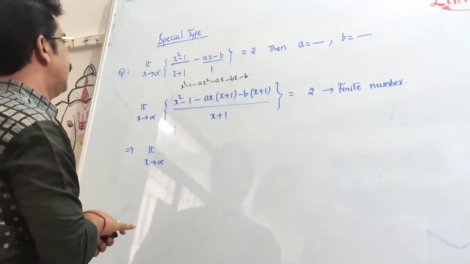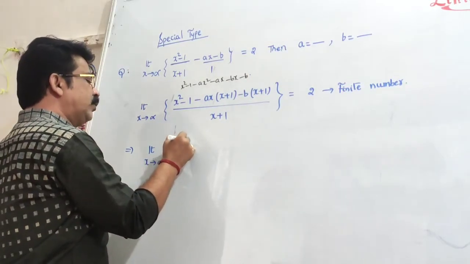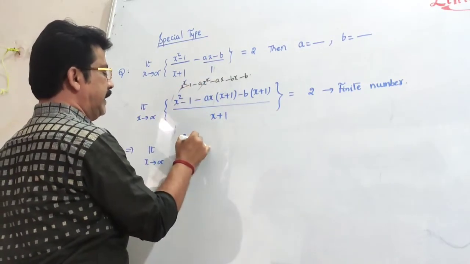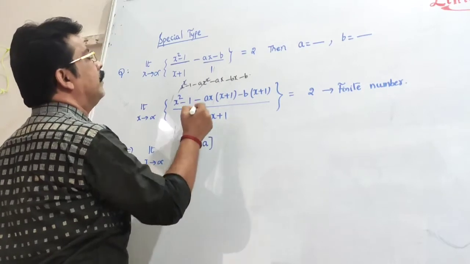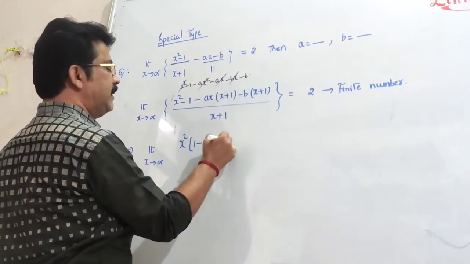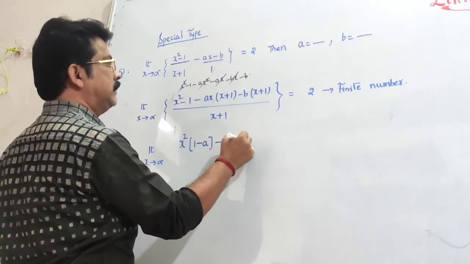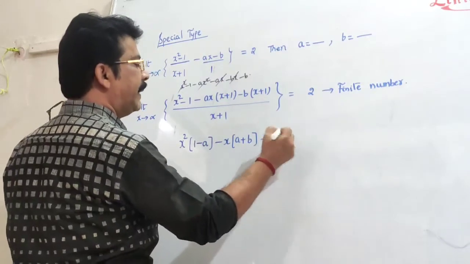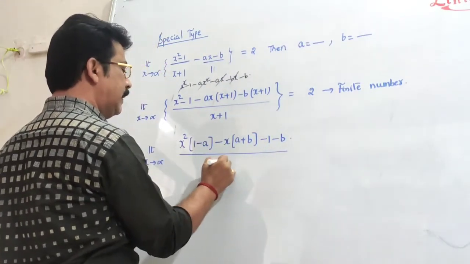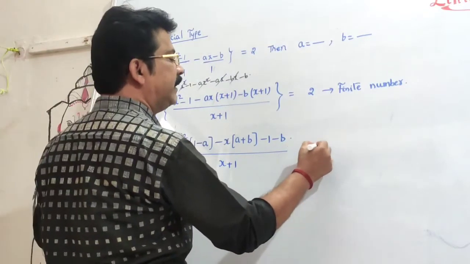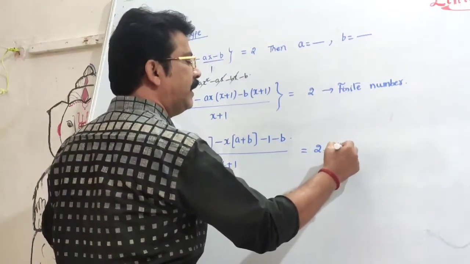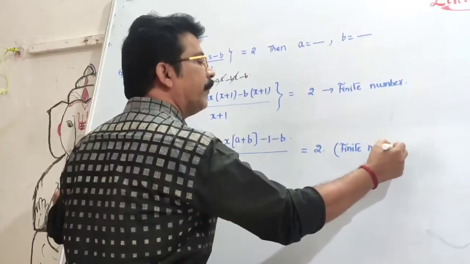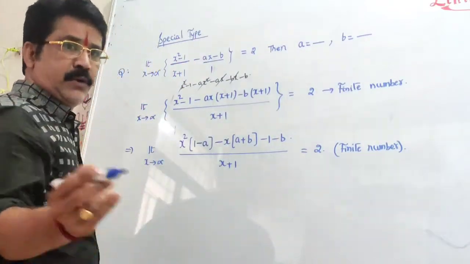So take x square common, x square into 1 minus a, later here minus x common, minus x into a plus b, later pure constants, minus 1 minus b, whole divided by x plus 1, that is equal to 2. Of course it is the finite number.